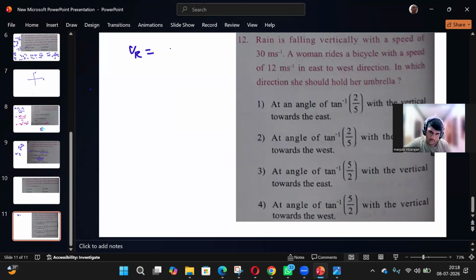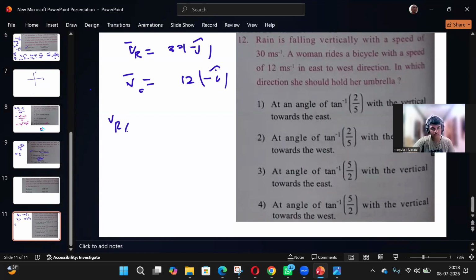Velocity of rain is 30 meters per second, minus j cap. The bicycle is going towards the west. The velocity of the cycle is 12, east to west, so minus i cap. The direction is VRC. So it's minus 30 j cap plus 12 i cap. So 12 i cap minus 30 j cap.